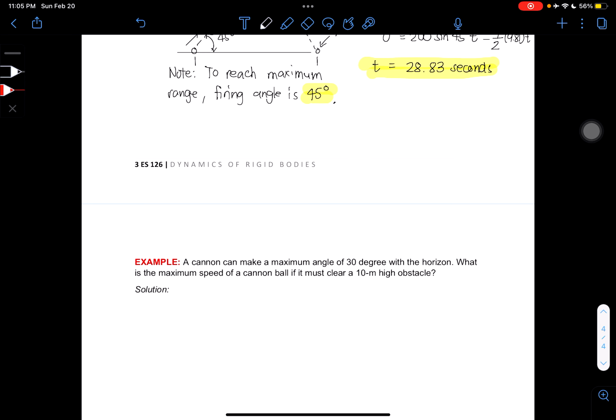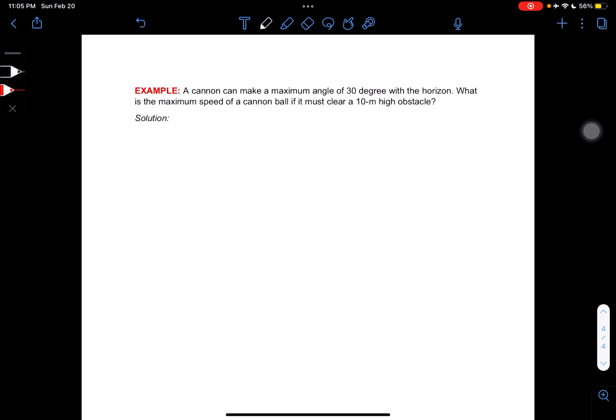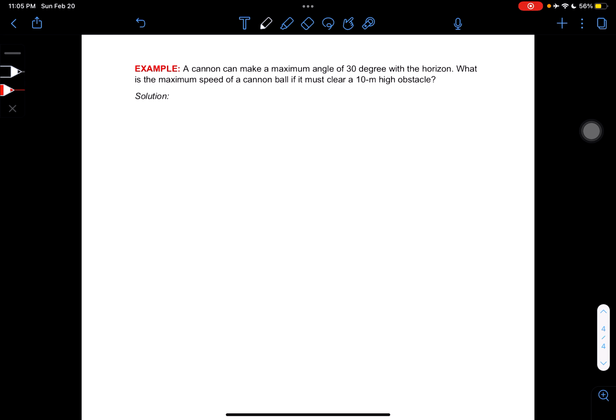So let's have our last example for your module number 3 for our prelim. A cannon can make a maximum angle of 30 degrees with the horizon. What is the maximum speed of a cannonball if it must clear a 10-meter high obstacle? So giingon sa problem, i-draw nato ang ground.